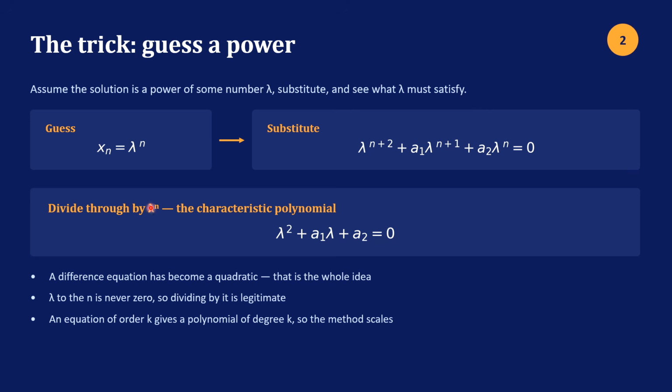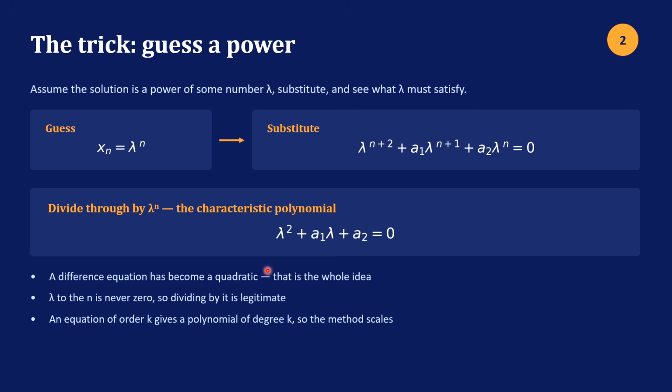Then we divide by lambda to the n into this equation, and we get this second order equation. So you can see where this would work for higher order. You would make the same type of guess, and then you would just get a third degree or fourth degree or so on equation to solve, which, as we know, is more difficult. And so we'll focus here just on second order, but it works in higher degrees.